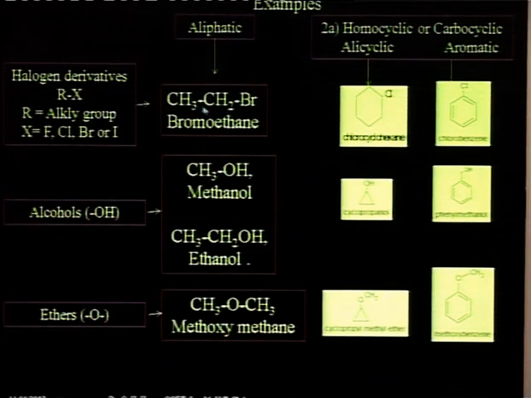It will induce a certain set of specific properties to this organic moiety, and therefore, it is a functional group. Similarly, if one hydrogen of methane is replaced by a hydroxyl group, OH group, then the entire molecule has a certain special set of properties, and that is due to the presence of the OH group.